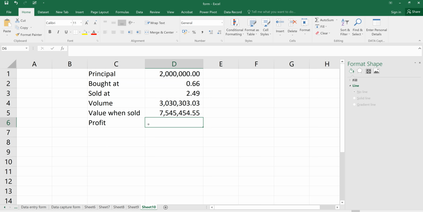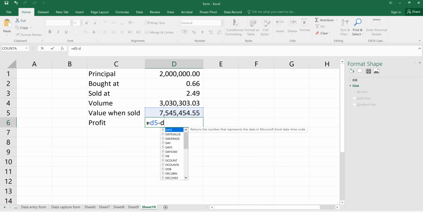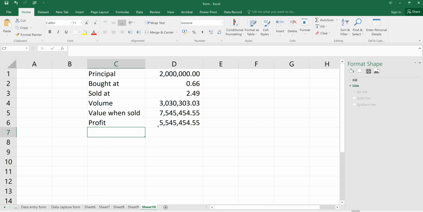So the profit you made within the period of 3 months is gonna be D5 minus D1. Let me hit enter and see what I have. So this is how much you're gonna make. I feel I should make this bold.